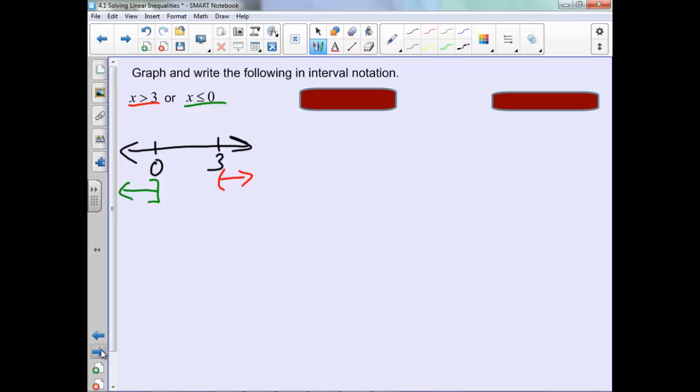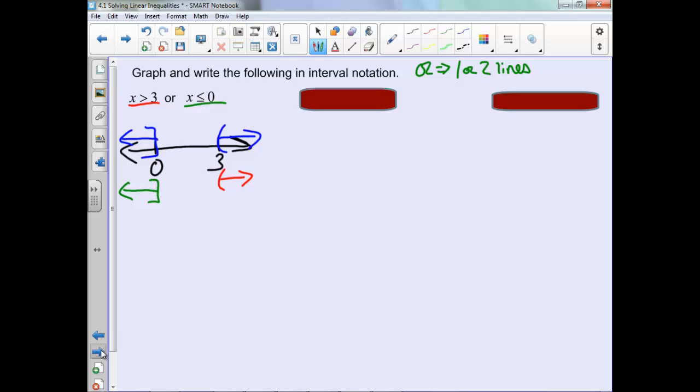So we want where we have 1 or 2 lines. So for OR, we want 1 or 2 lines, where it fits one or the other. So that means where we've got one or the other line is from here and going this way.